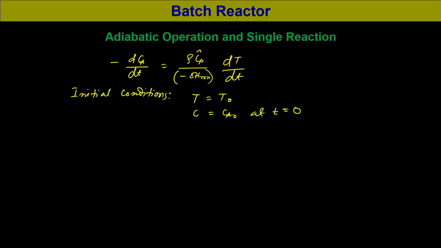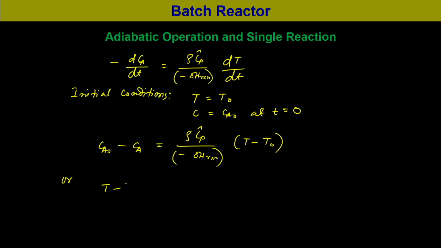If we integrate, we get Ca naught minus Ca would be equal to rho Cp by minus delta H reaction into T minus T naught, or we can write T minus T naught is equal to minus delta H reaction divided by rho Cp into Ca naught minus Ca.